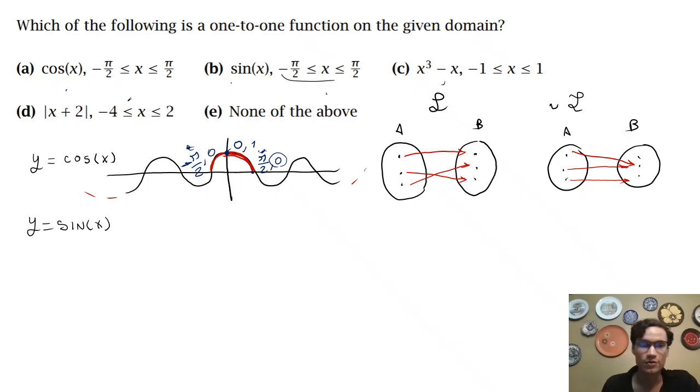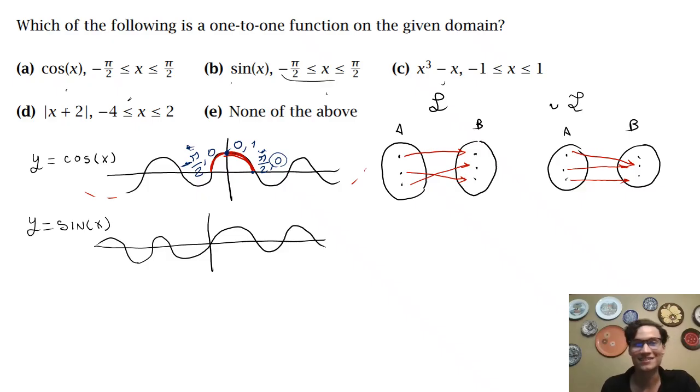So let's continue. Y equal to sine of x. Now the graph of sine of x will be something like this. It goes something like this. It's less exact than the last example, but okay. Here it is. And the chunk again is from minus pi divided by 2 to pi divided by 2.